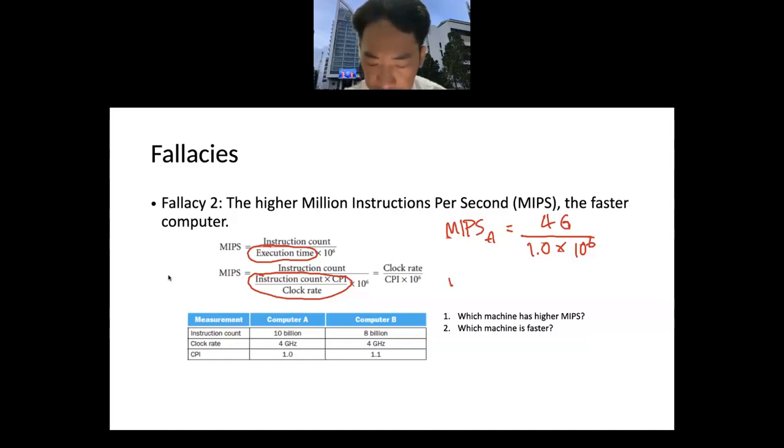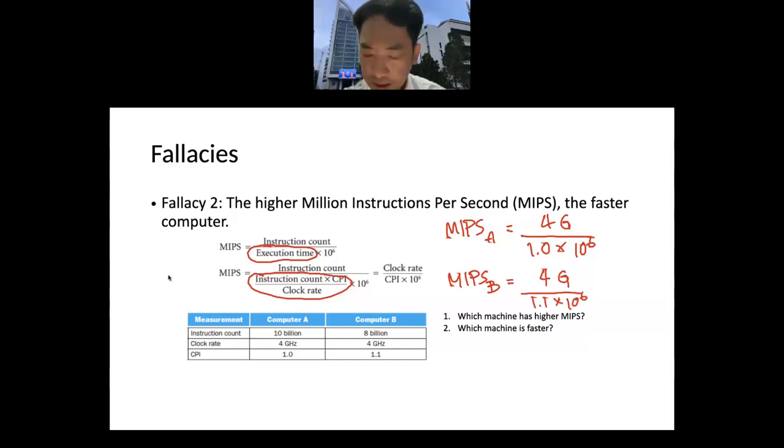How about MIPS of machine B? Four GHz divided by 1.1 times 10 to the power of 6.